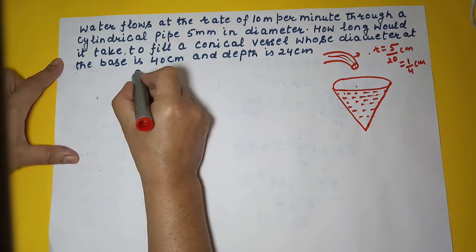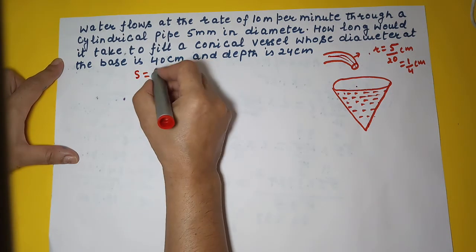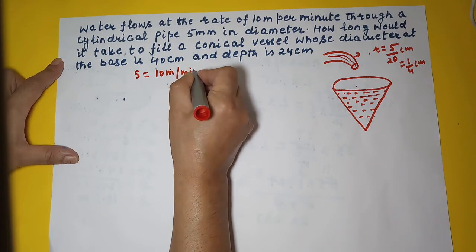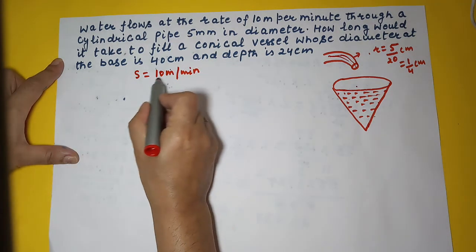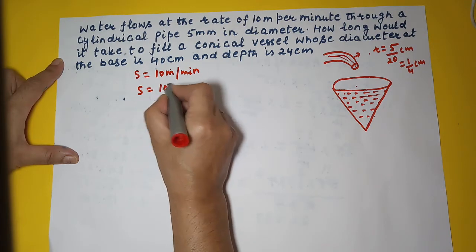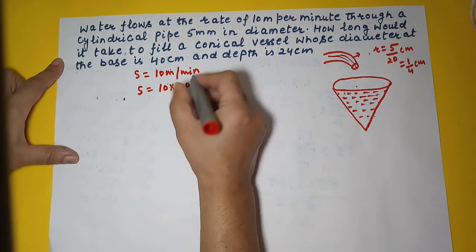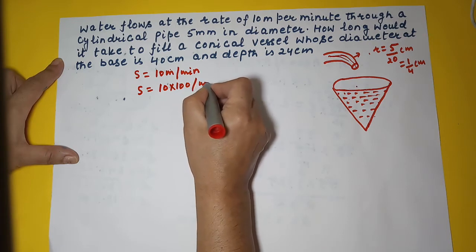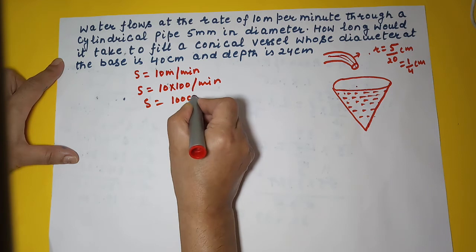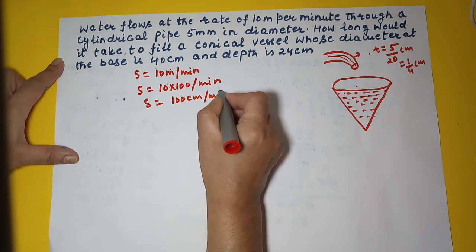What is the speed of the water? Speed of the water is 10 meter per minute, right? Let's convert this into centimeters. So that will be 10 into 100 per minute. So speed will be 1000 centimeters per minute, right?